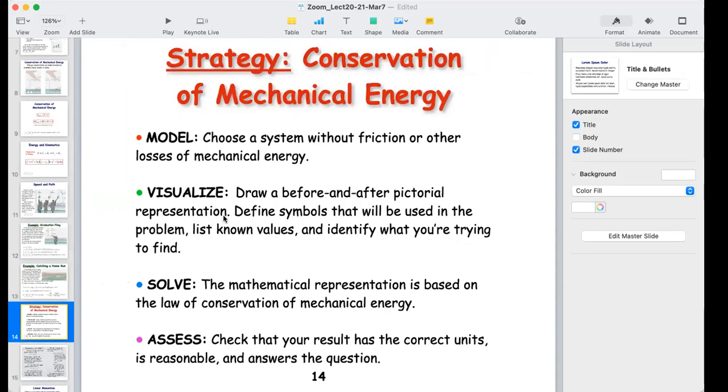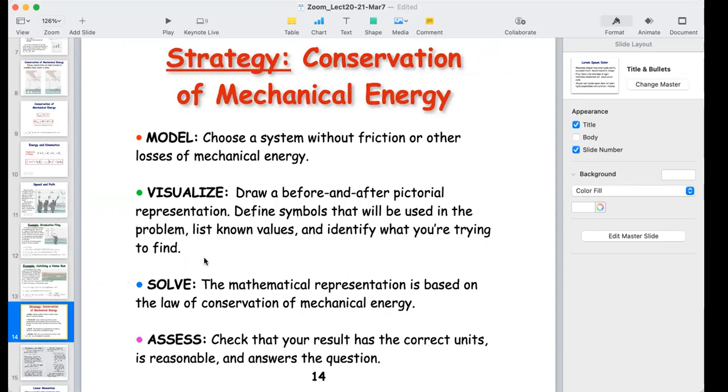So yeah, the idea is that you really have to choose a system without friction or other losses of mechanical energy, then draw before and after pictorial representations, define the symbols that will be used in the problem, list all the known values, and identify what you're trying to find.